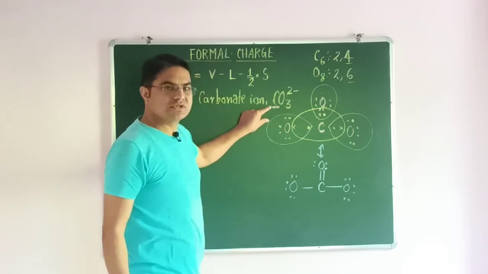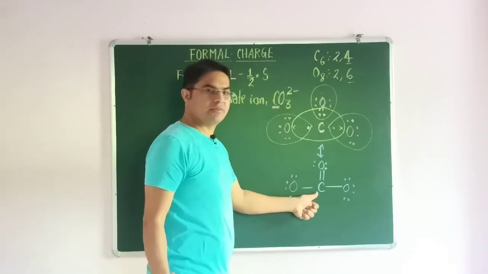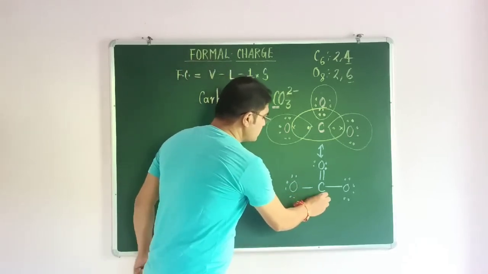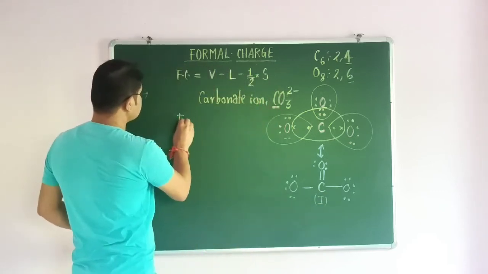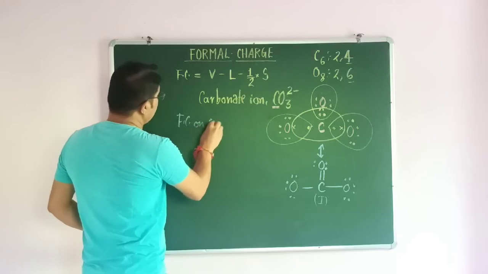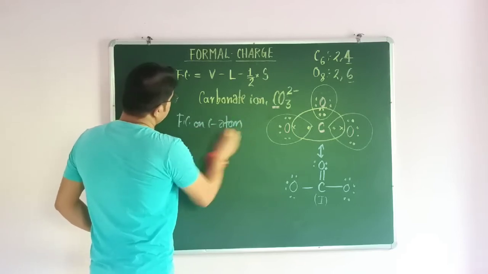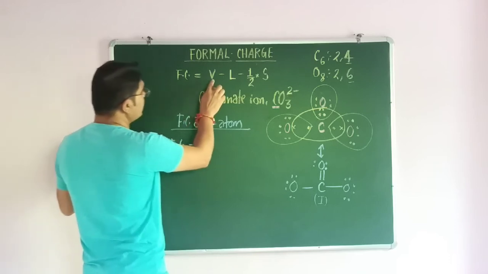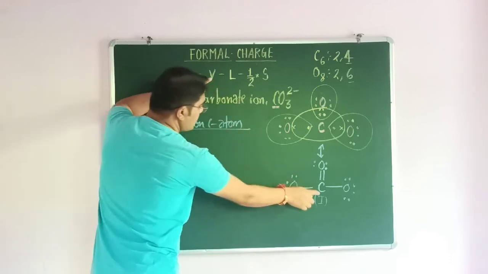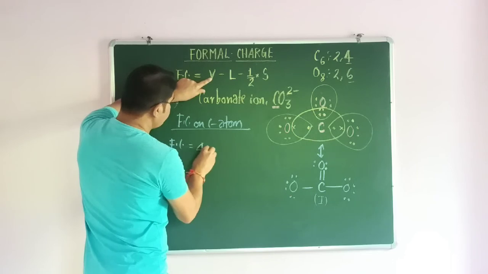So according to the question, we have to find out the formal charge on the carbon atom. So simply we write formal charge on carbon atom, and the formula for formal charge is used for that. The number of valence electrons on carbon atom is 4.